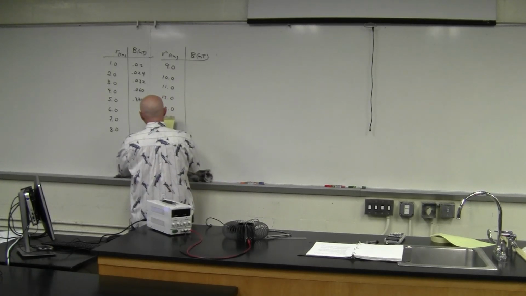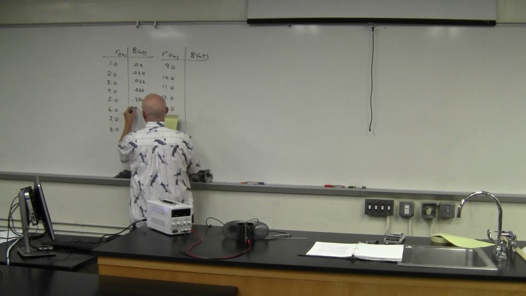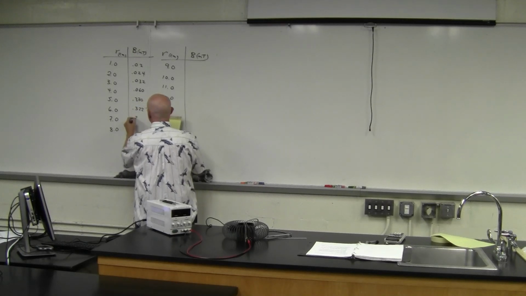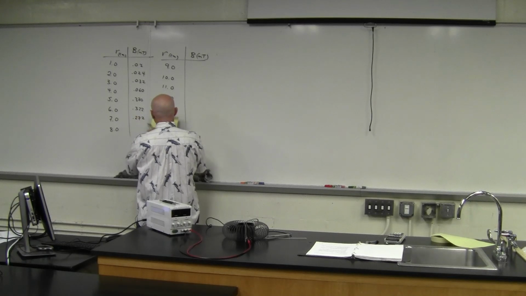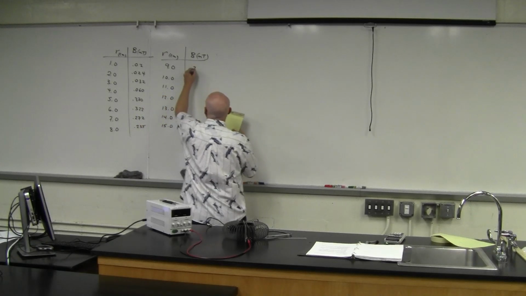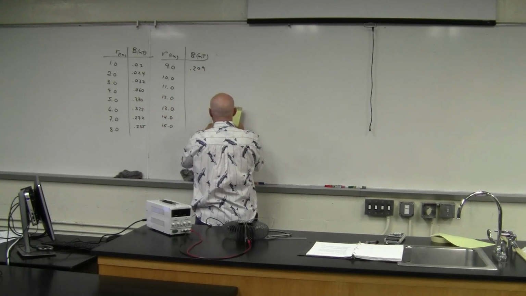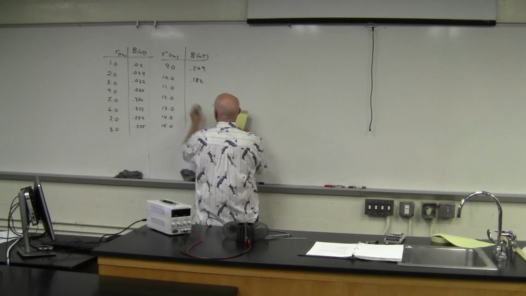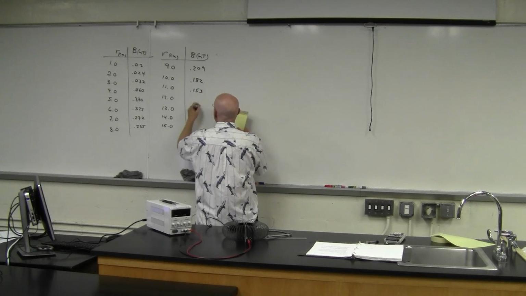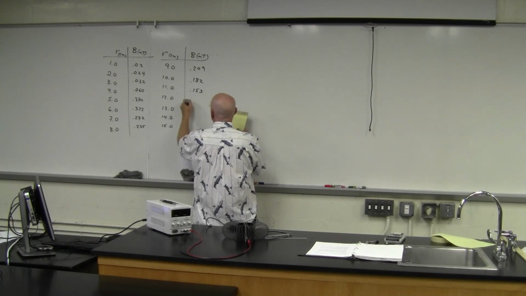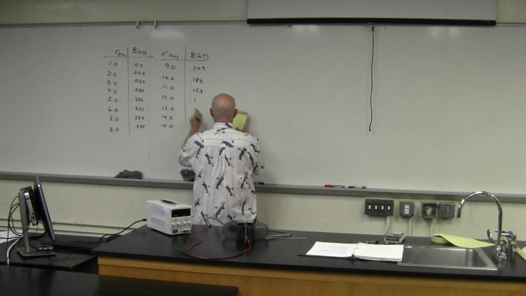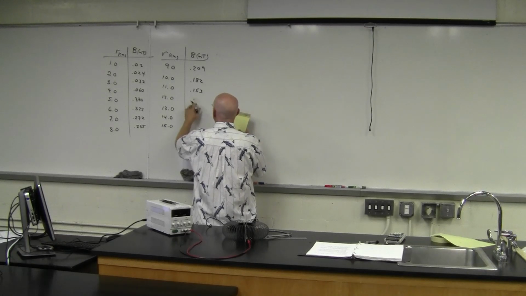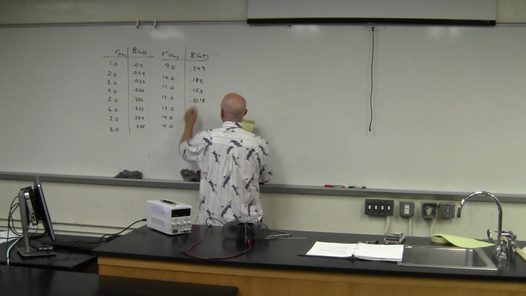Okay, so at 6 it's 0.322. 7 is 0.272. 8 is 0.235. 9 is 0.209. 10 is 0.182, 11 is 0.153, 12 is then getting to the outside, and look at it just drop off, 0.018.